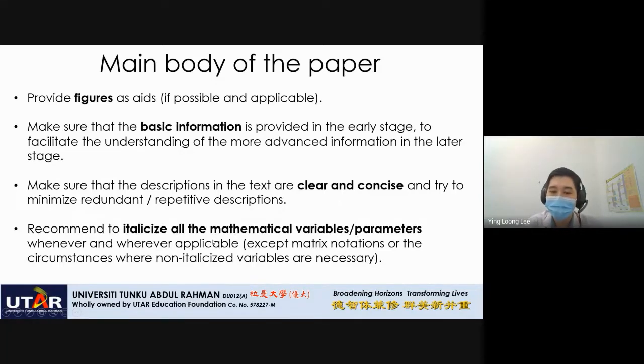Usually all the mathematical terms are italicized, and non-mathematical terms, variables or parameters, are non-italicized, normal. That way you can help the reader understand more easily, because some authors use italicized terms which are not mathematical variables, so some readers may be confused whether something is a mathematical variable or not.